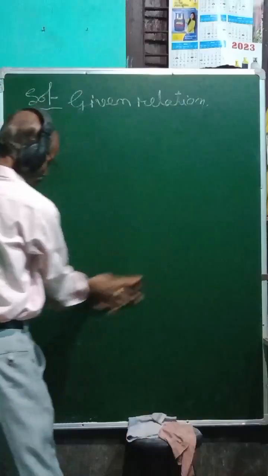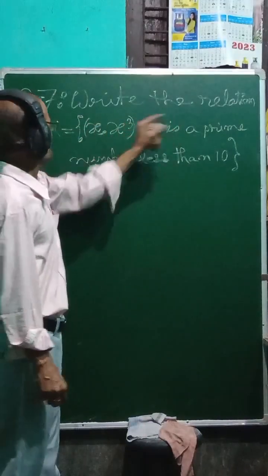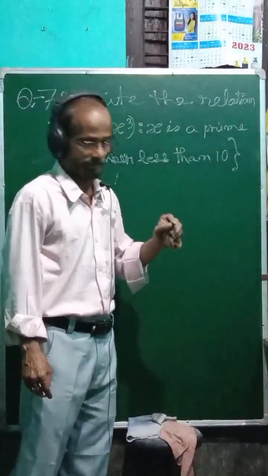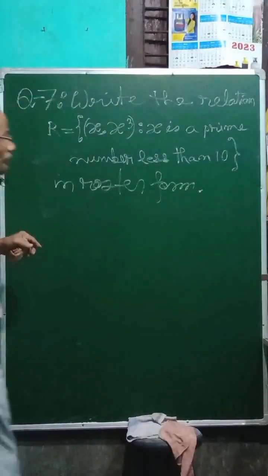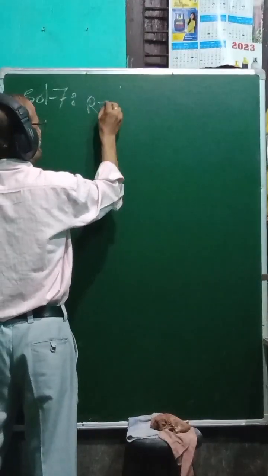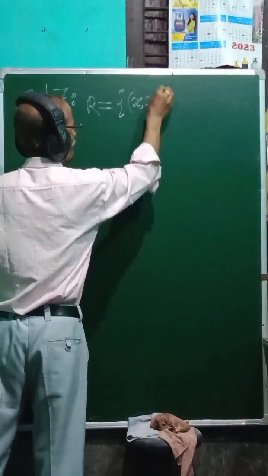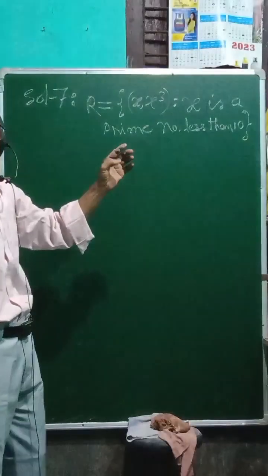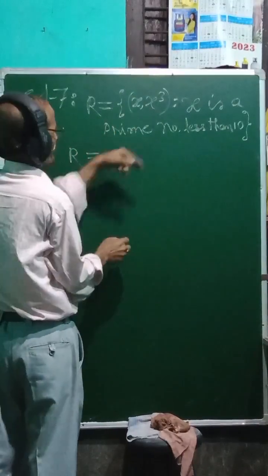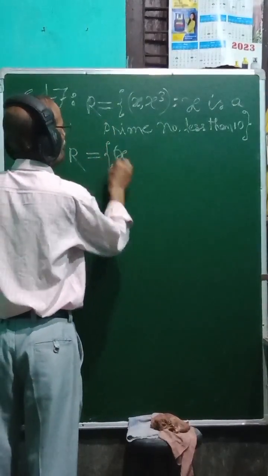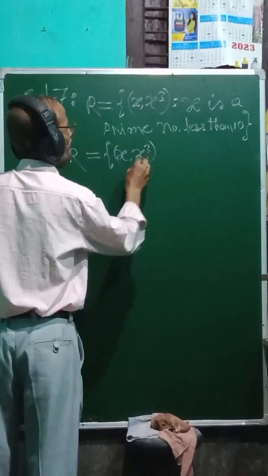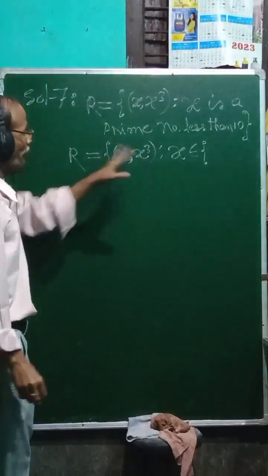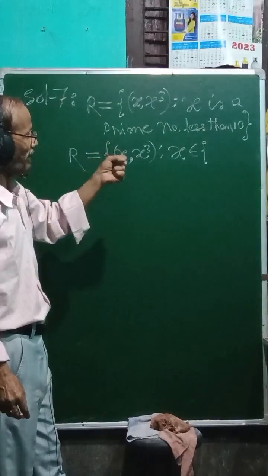Now we are taking question 7. Write the relation R is equal to {x cube such that x is a prime number less than 10} in roster form. Solution: R is equal to {x cube such that...}. So if this is the statement in set builder form, then you can write R is equal to the set of all ordered pairs (x, x cube) such that x belongs to, means you find out all the prime numbers less than 10.